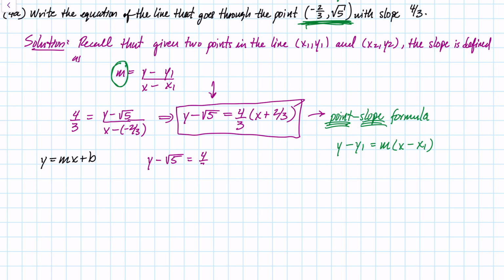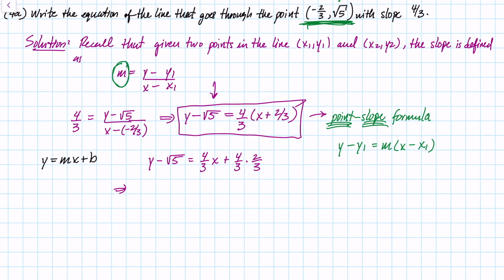This is going to be 4/3 x plus 4/3 times 2/3. Okay, then I can add on both sides square root of 5, so I'm going to end up with 4/3 x plus, when I solve this part over here, I get 8 divided by 9, and then the plus square root of 5 that I added.